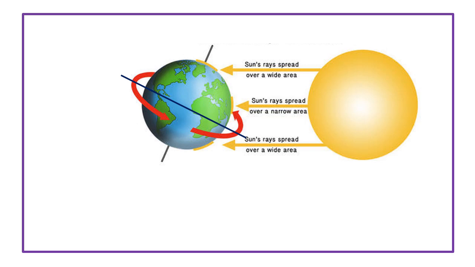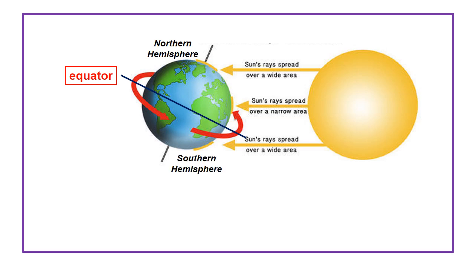Now, what is an equator? Equator is an imaginary line that divides the Earth into 2 equal halves, known as hemisphere. Hemi means half. Now, the half that has the North Pole is known as northern hemisphere, while the other half that has penguins, the South Pole, is known as southern hemisphere.